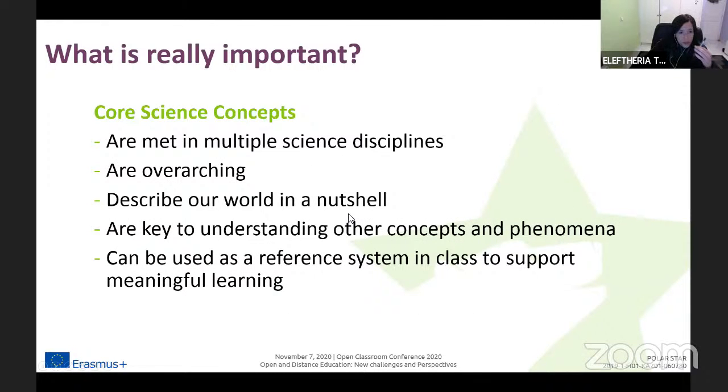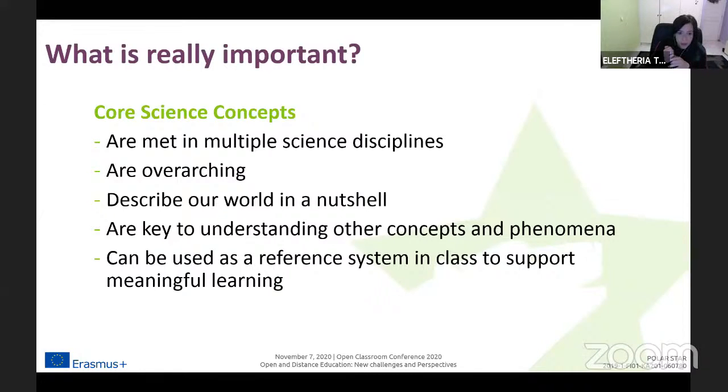So when we're talking about core concepts, as you can also see from your answers, concepts like energy or like forces or like earth are not part of a single discipline.